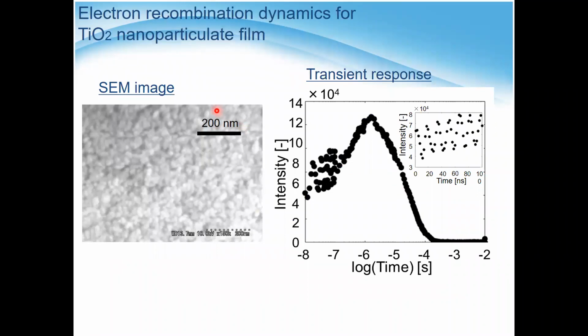And here's one of the examples for the actual TiO2 nanoparticulate film. This is the SEM image. You could see the many nanoparticles. And the transient response shows like this. It's on the logarithmic time scale, so from nanosecond to microsecond to the millisecond order. And in this single response, this rising part corresponds to the trapped electron recombination that we already assigned.